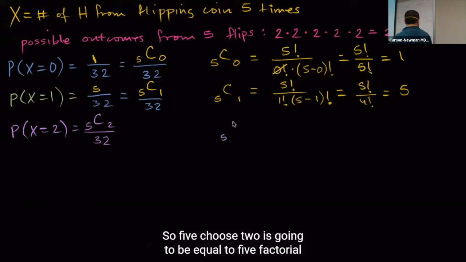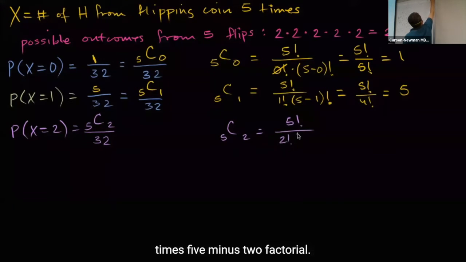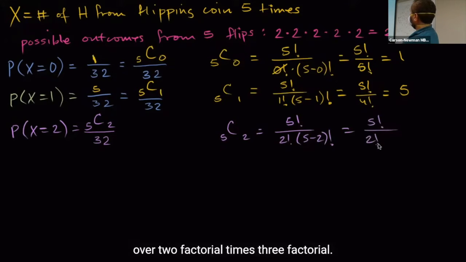So 5 choose 2 is going to be equal to 5 factorial over 2 factorial times 5 minus 2 factorial. So this is 5 factorial over 2 factorial times 3 factorial.